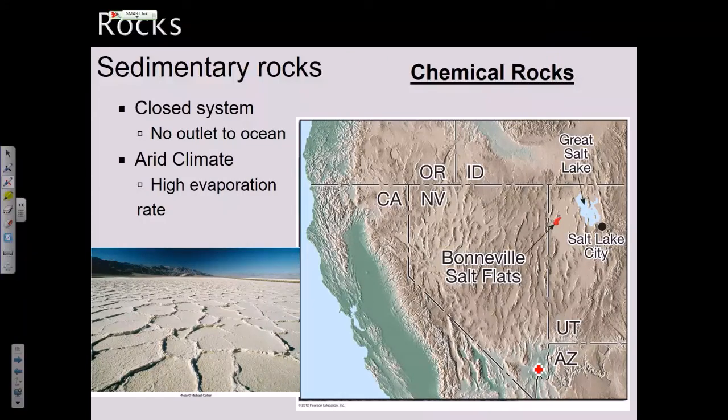Okay? Now we also have chemical rocks or inorganic chemical rocks. Where do these come from? Well, unlike igneous rocks where the mineral crystallizes from silicate liquid, now we're crystallizing these rocks from water.